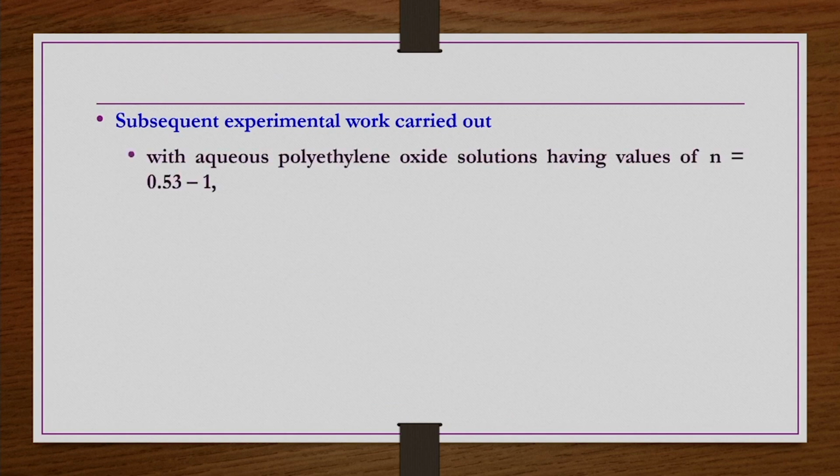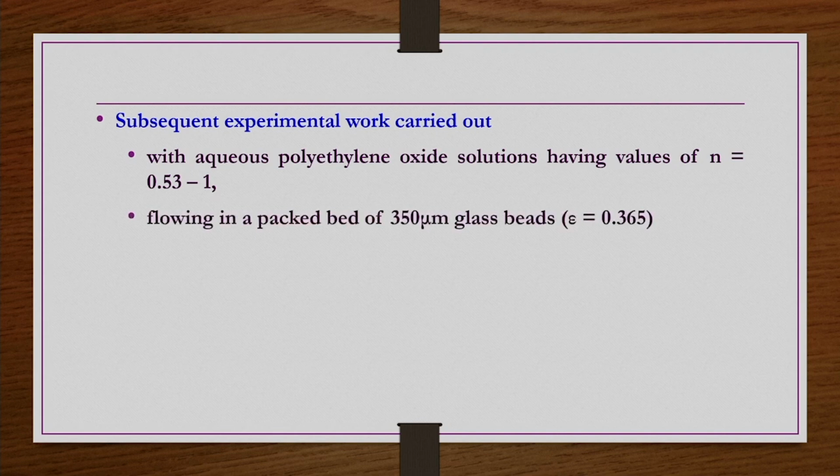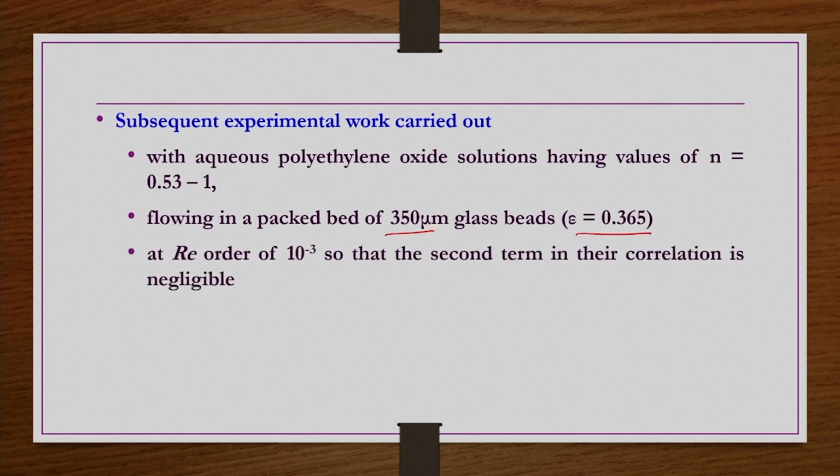Subsequent experimental work was carried out with a wider range of n, between 0.53 and 1, but a smaller range of voidage, and very small glass beads, at Reynolds numbers of the order of 10 to the power minus 3, so that the second term in their correlation is negligible.